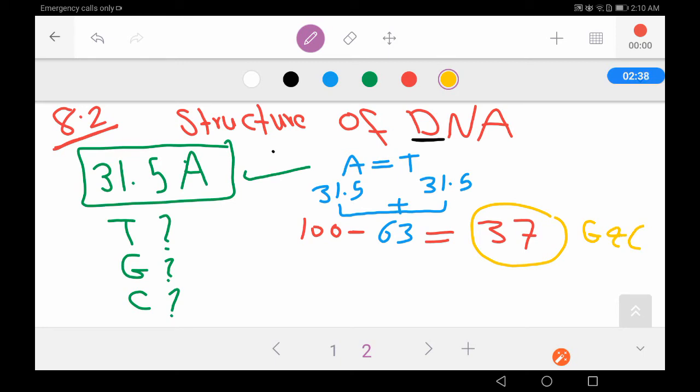So we will divide 37 by 2 and it will be 18.5 for guanine and 18.5 for cytosine. By that way we can find the amount of each of the nucleotides or DNA bases in a DNA sample.